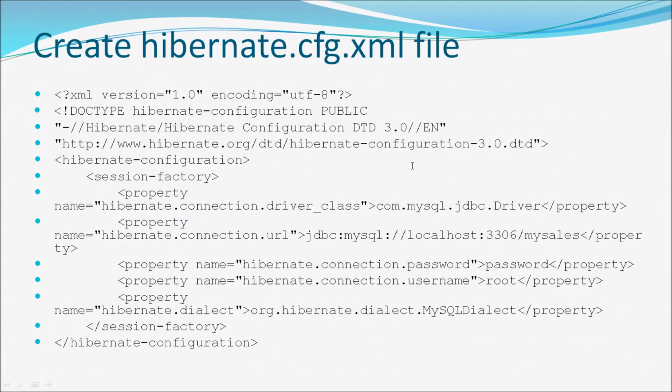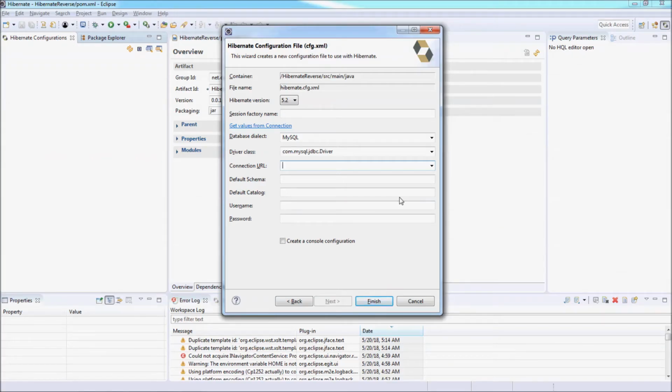Connection URL is jdbc:mysql://localhost:3306/mystore. Okay, jdbc:mysql://localhost, the port number of MySQL is 3306 and the database name is mystore.